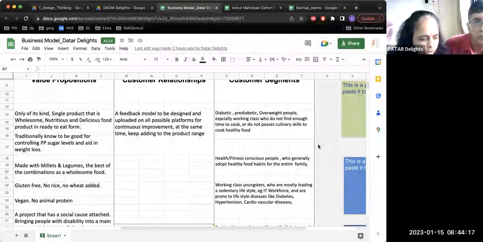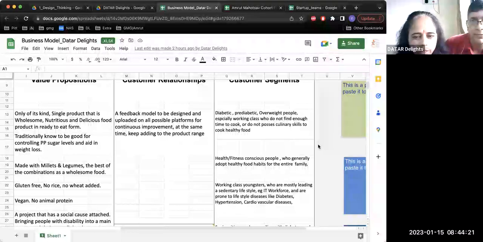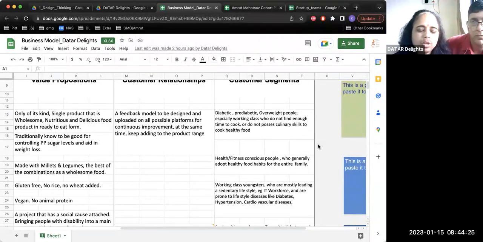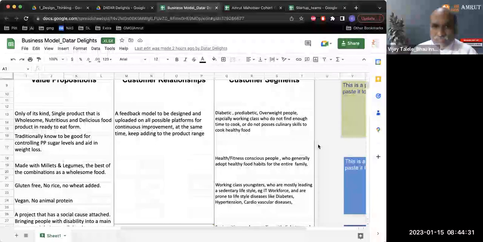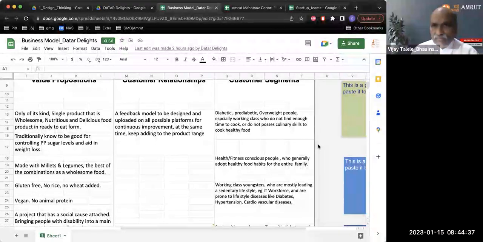May not be, but many times people who are diabetic or pre-diabetic also cannot manage to find time to cook diabetic-friendly food. They may end up buying ready-made, ready-to-eat food. So I think that's how I thought of narrowing the segment.